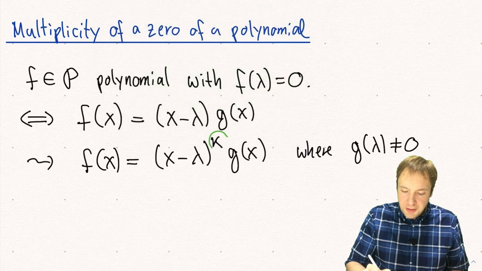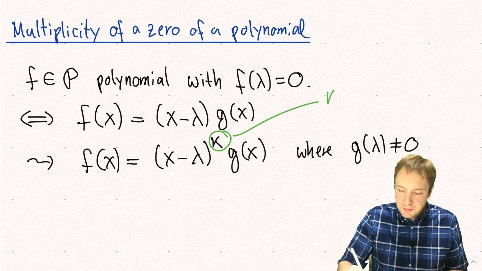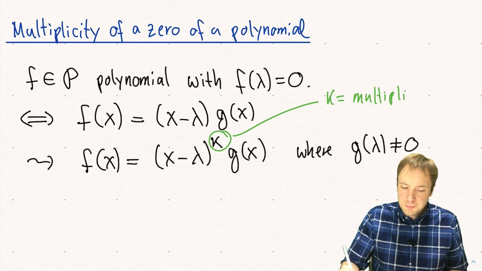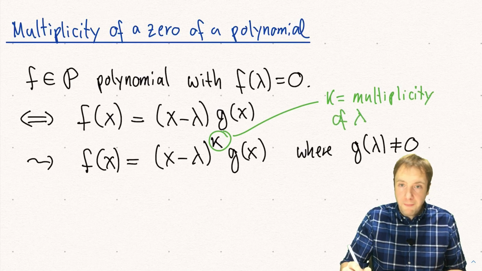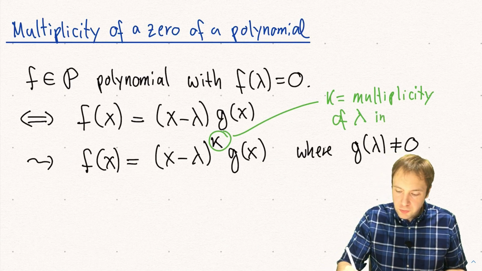And then this k is the multiplicity of this zero lambda in this polynomial f.